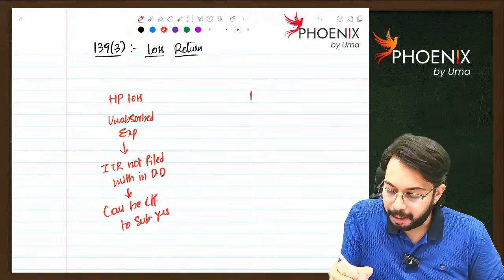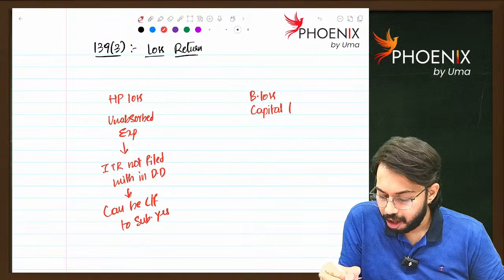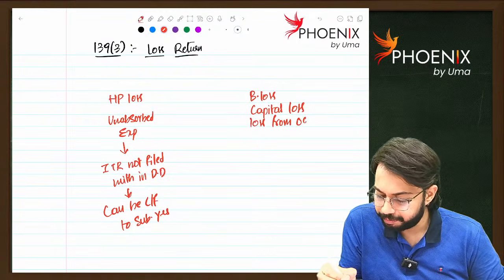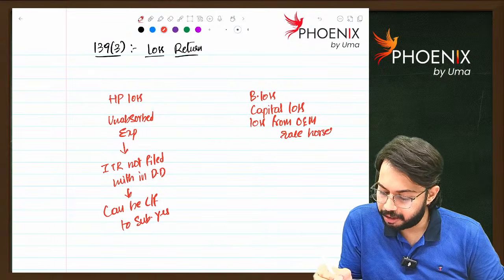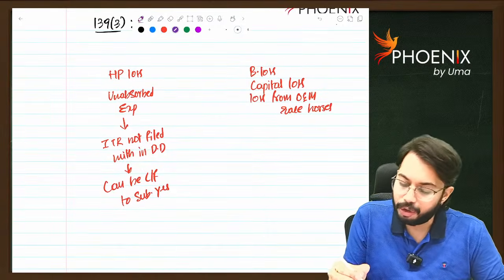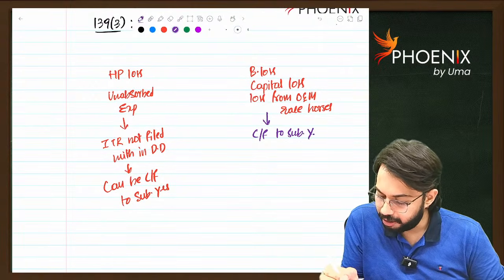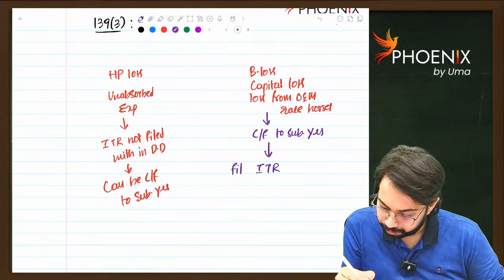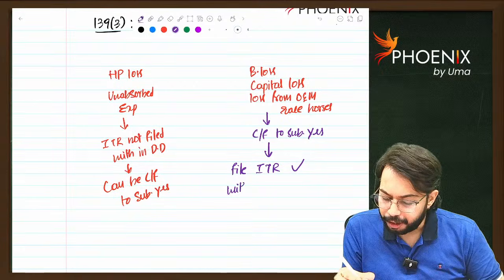But for business loss, capital loss, and loss from owning and maintaining race horses, these three losses, if you want to carry forward to subsequent years, then mandatorily you should file ITR, and that ITR also has to be filed within the due date.